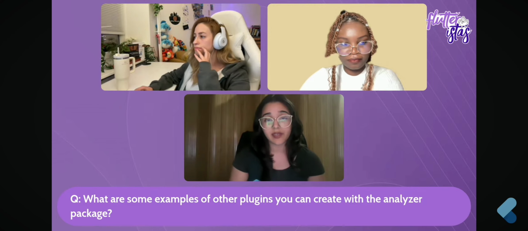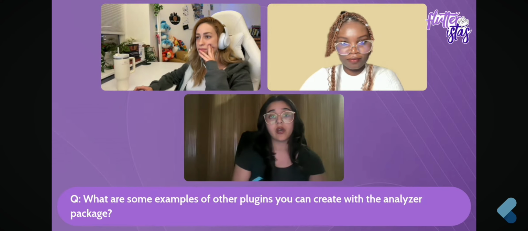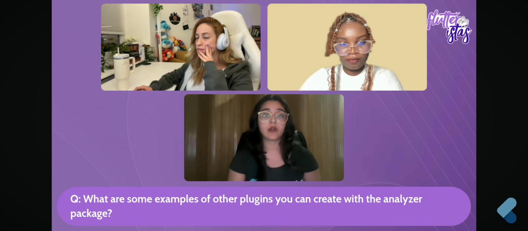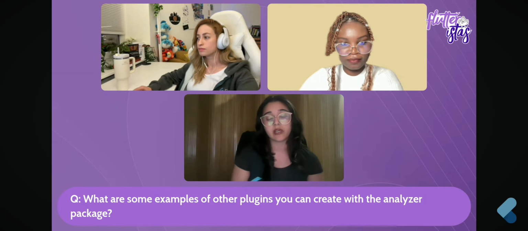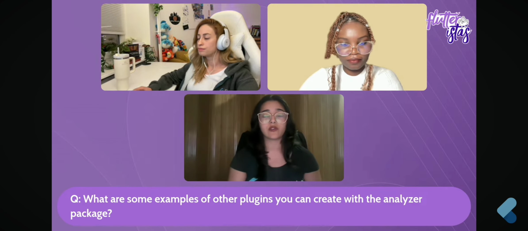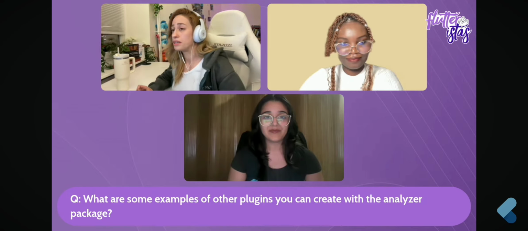One really interesting thing you can do is look into code duplications, for example, or unused code. You can create your own plugin to check if you have unused API calls or unused sections of the code, which really helps with code maintainability as well. So I think the limits are quite high.